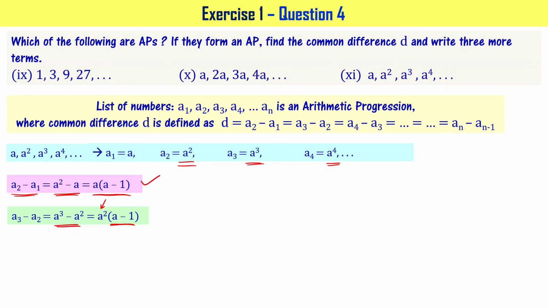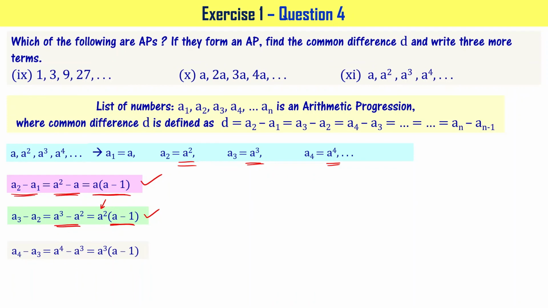Look at this. a times a minus 1. Look at this. a square times a minus 1. These two are not the same, right? Now itself we can say that the difference is not a fixed number, right? We can stop here and say that it is not an arithmetic progression. But let me do a4 minus a3 also.